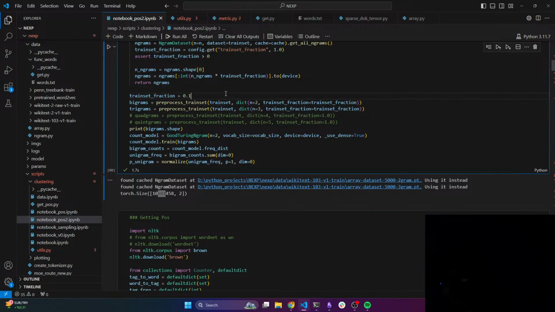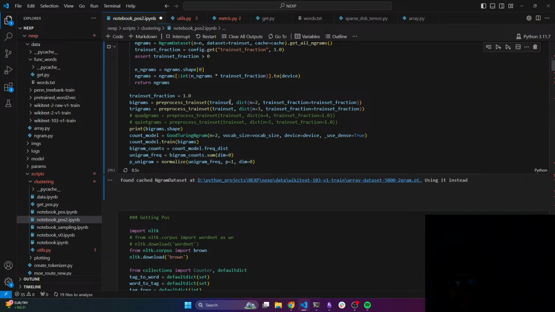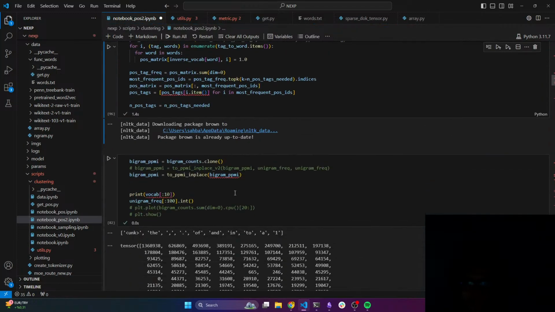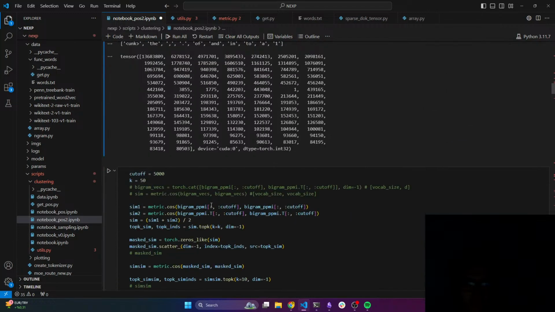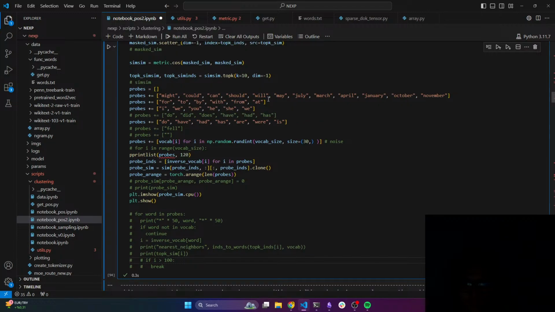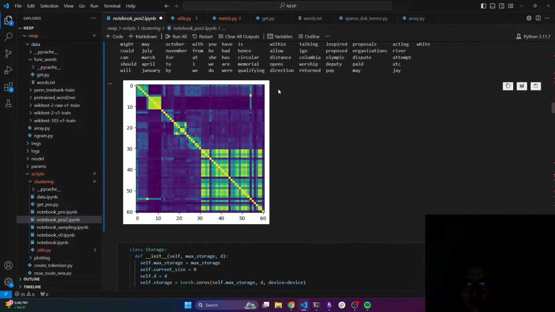Now the real deal is 1.0. All of it. 100 million. Now let's just start with all words.